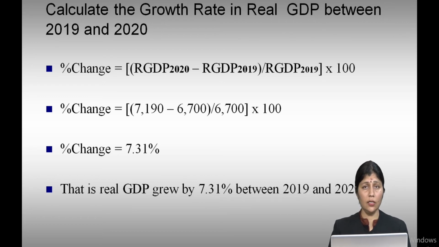Now, the percentage change is equal to 7,190 minus 6,700 divided by 6,700 multiplied by 100. So, percentage change in respect of 2019 to 2020 is 7.31%. Now, you can analyze that from 2018-19 to 2019-20, less change occurs, or you can say there was less growth in the year 2019-20 in comparison with 2018-19.